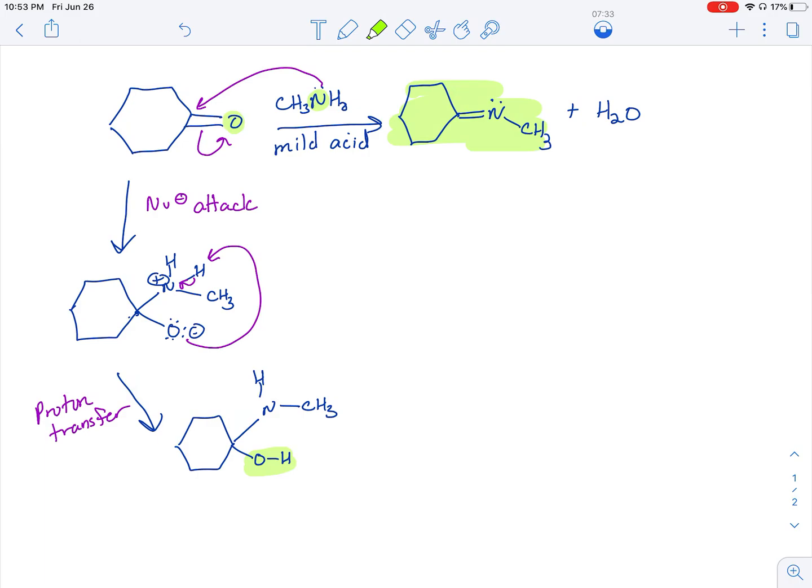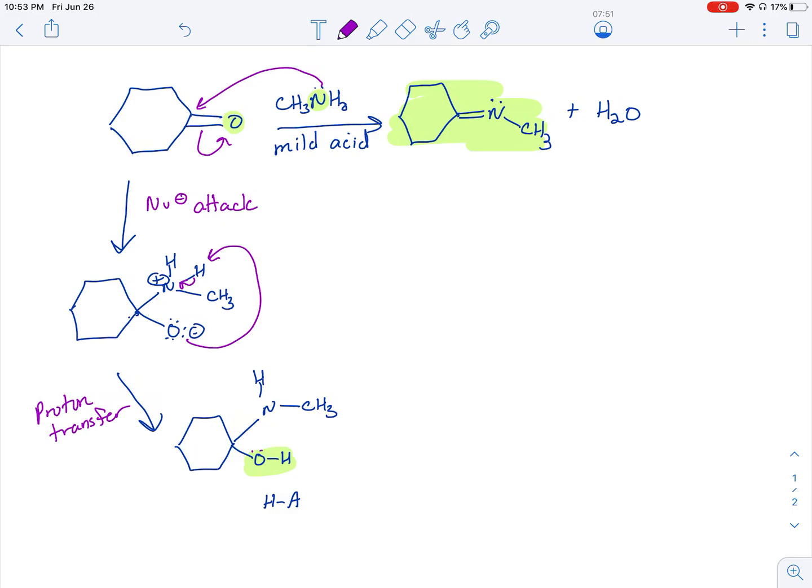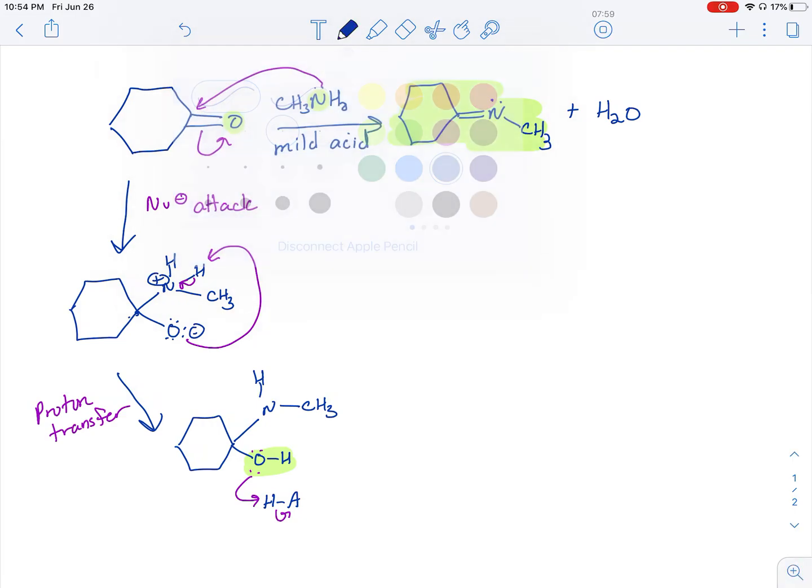How do we turn OH into a good leaving group? If only we had an acid. Oh, wait, we do have an acid. We have mild acid in this reaction. So I'm just going to use HA for mild acid here. So what we're going to do is protonate this oxygen so that we can turn it into a good leaving group. So we'll get to this here.